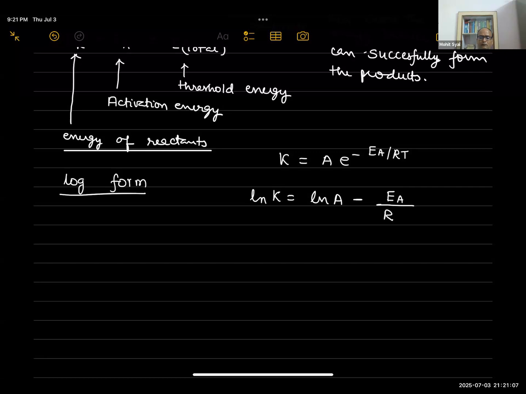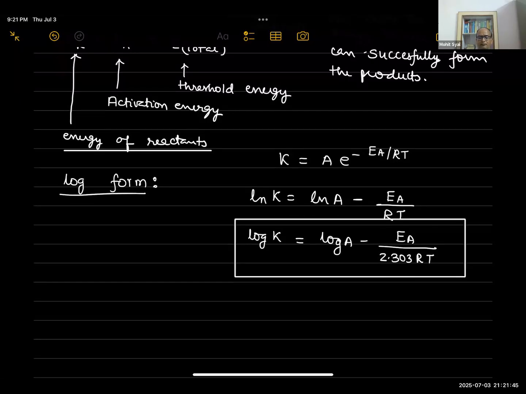This is log to the base e, which cannot be seen from the table. Log table is log to the base 10. So you can convert it to log to the base 10 by multiplying it by 2.303. Got it?